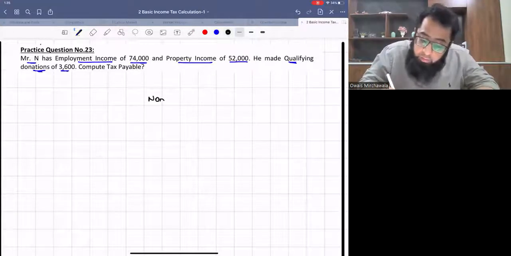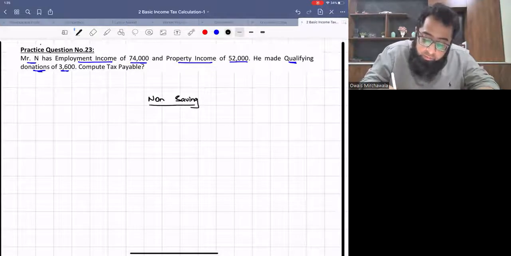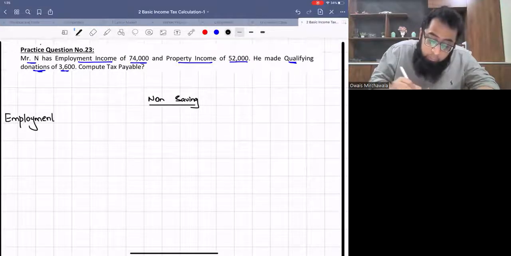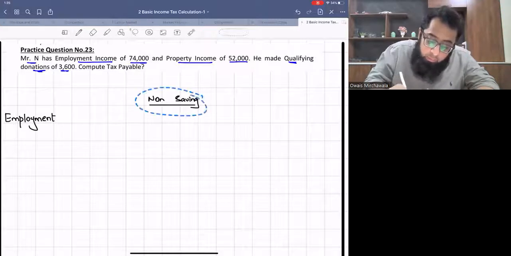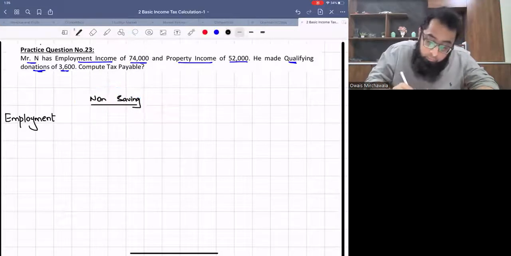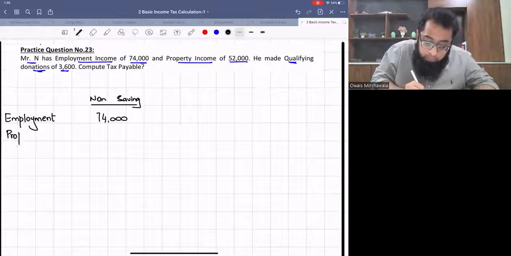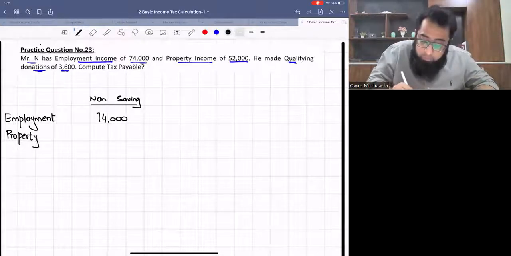Now, since both of the incomes are non-saving, we will only make the head of non-saving. Employment income is 74,000 and property income is 52,000.